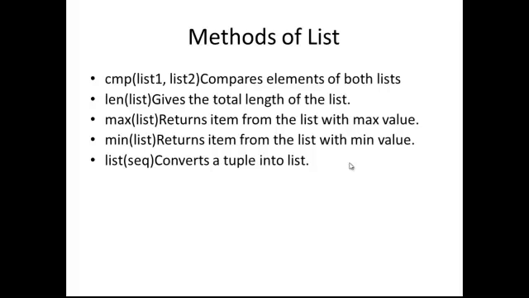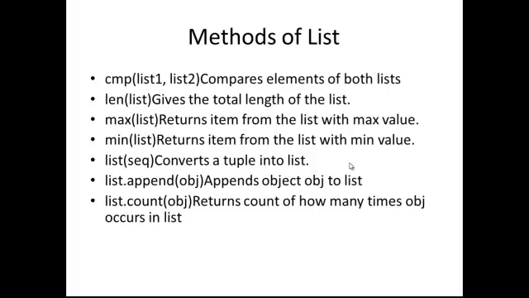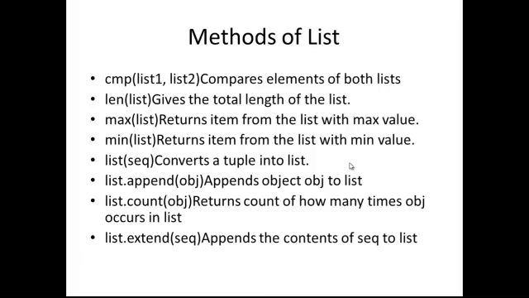Converting any character sequence into a list is done by the list method. Adding a value to the list can be done by the append method. Count of a specific element in the given list can be done by list.count followed by the parameter we pass. A list can be extended by using the extend method.